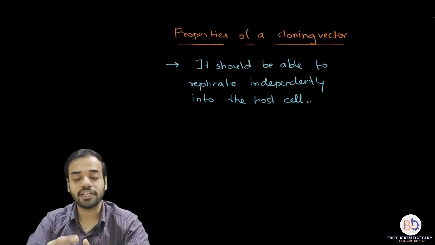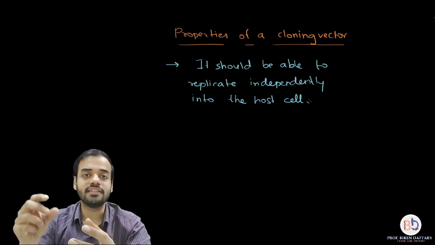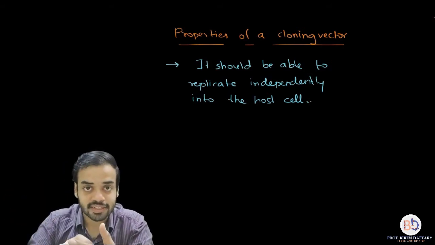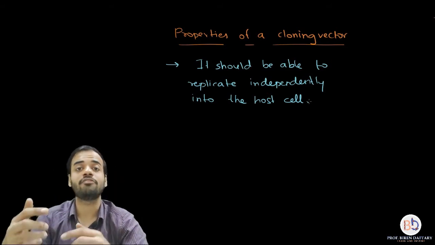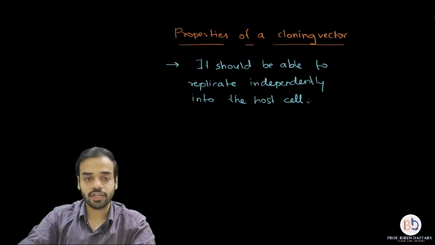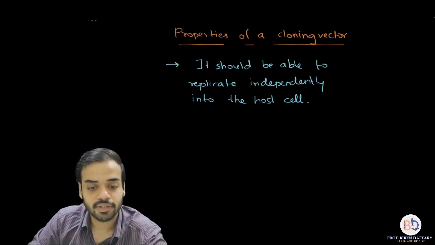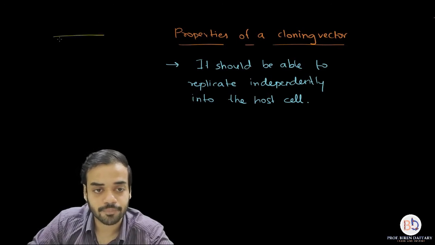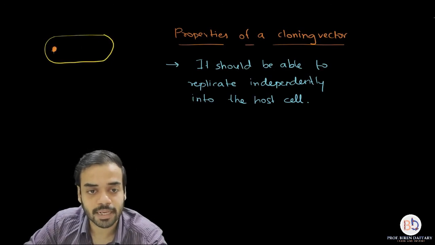So this is a very important property, that if you insert a vector into the host cell, then inside the host cell it should be able to replicate or multiply or divide on its own. For example, if I draw this diagram where I am showing a bacterium, and just imagine this as the nucleus of the bacterium.